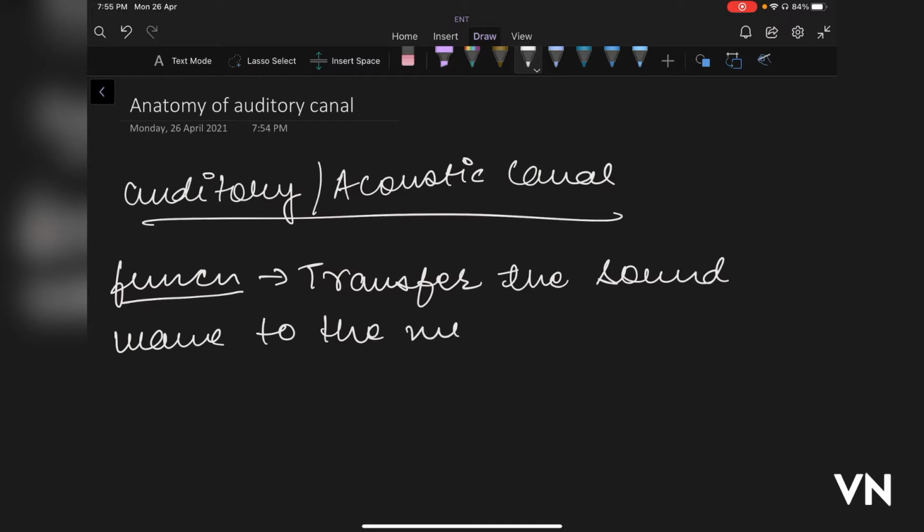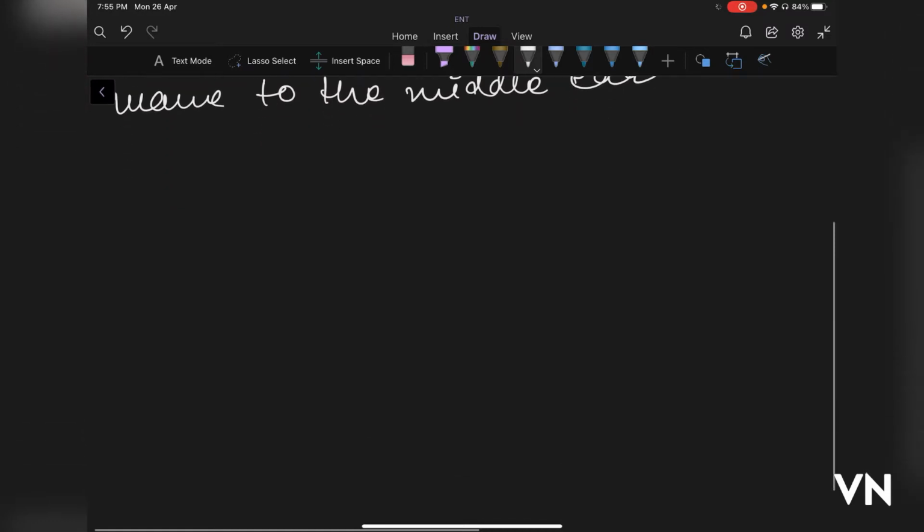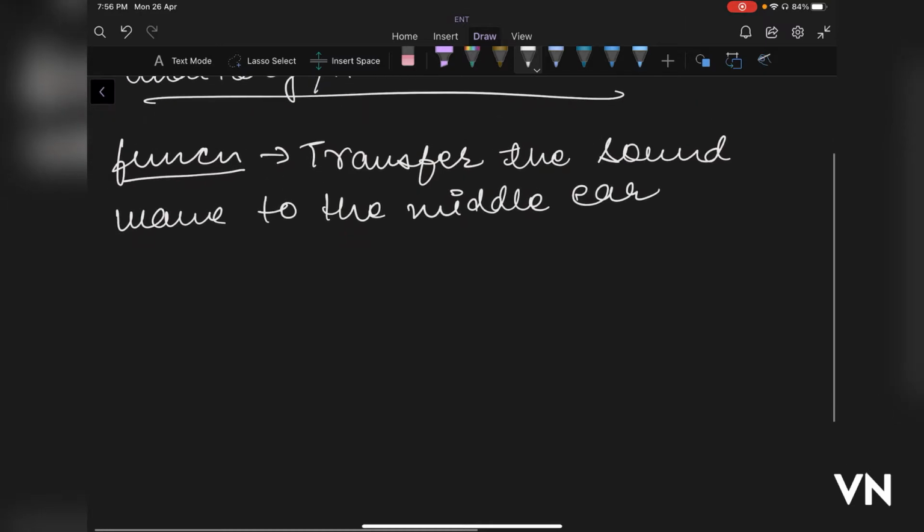That is the main function of the acoustic canal. There's another tube called the eustachian tube, it's the one which will maintain equalized pressure on the ear, right?